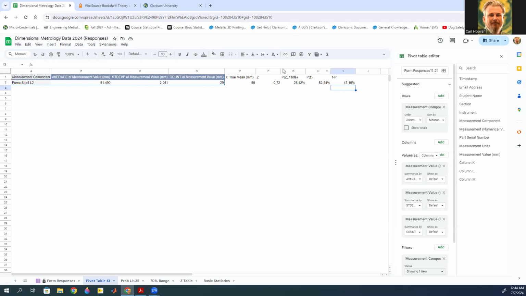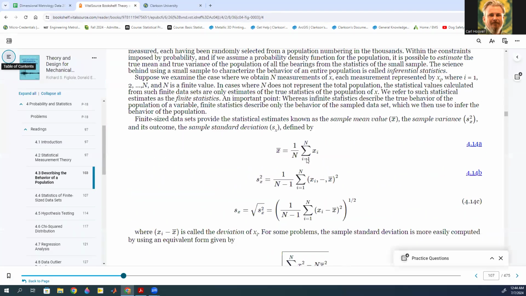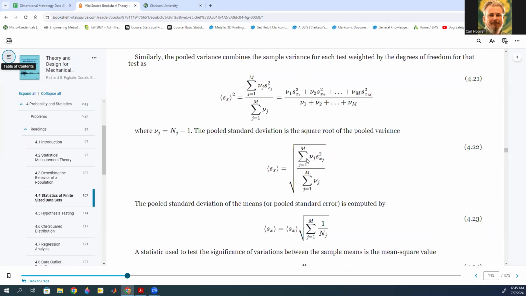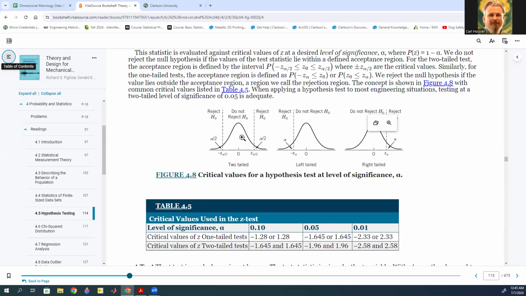Another way to look at that is more of a hypothesis test. And so with the hypothesis test, we'll scroll down on the textbook and take a look at that. What we're going to do is establish a null hypothesis and then look at whether or not we reject that null hypothesis, similarly by computing Z values for critical values used for a Z test.